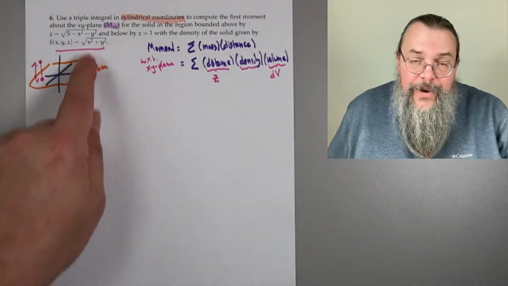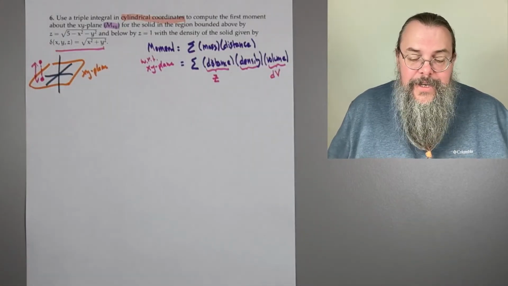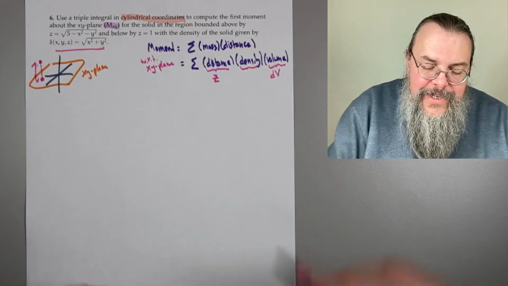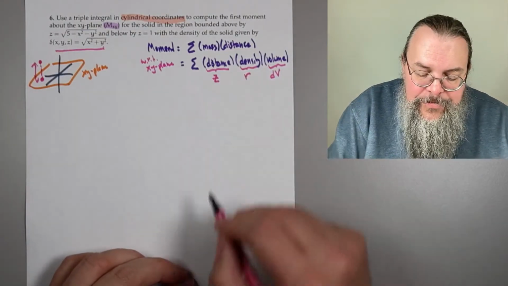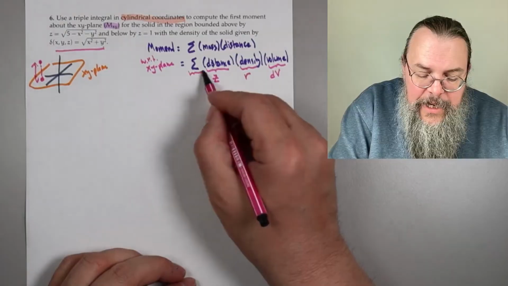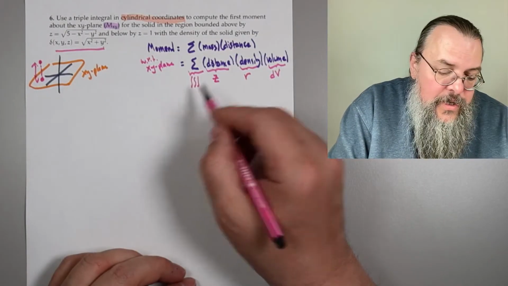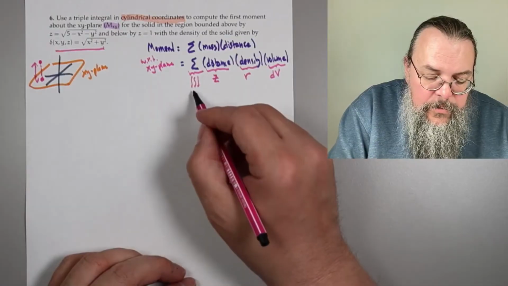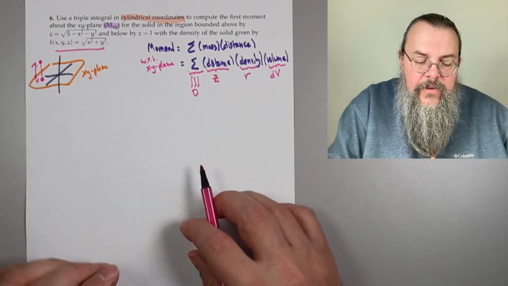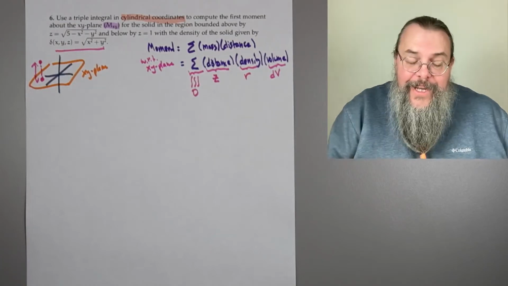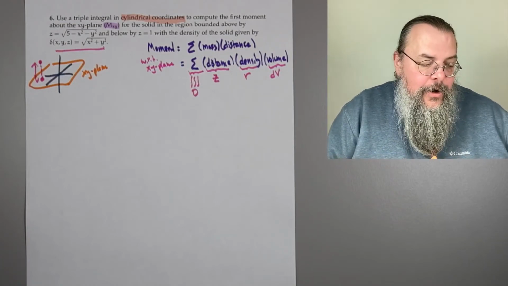So the square root of x squared plus y squared is going to be r. So our density is r. What does it mean to add up? That means you do the integral over your solid, and that doesn't have a name yet, so we'll call it D. So there's our formula. That's what we need to find. All right, good.